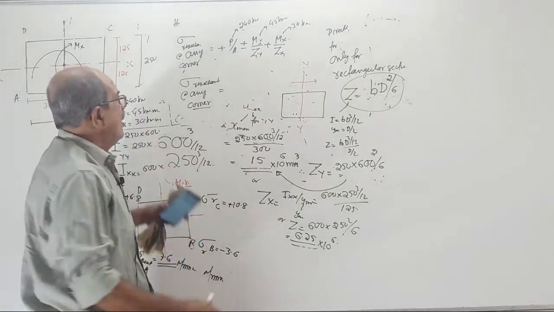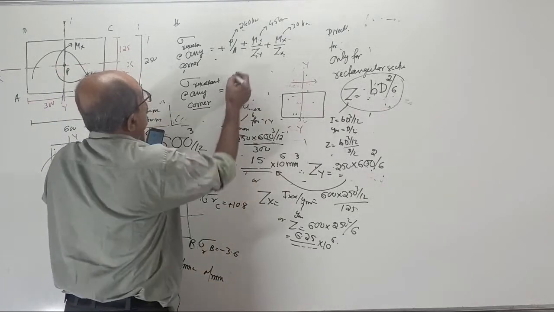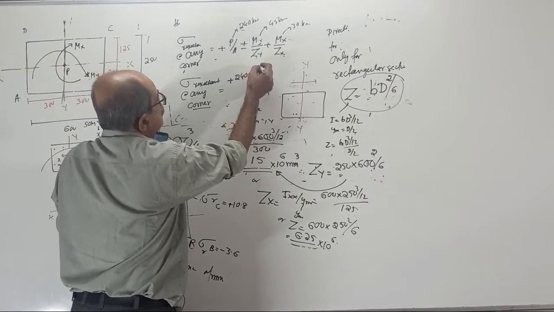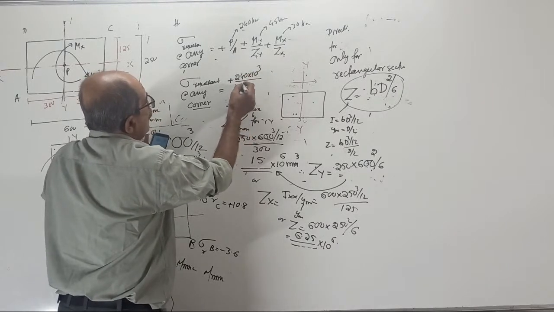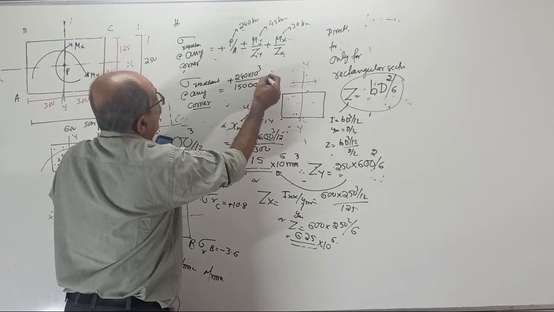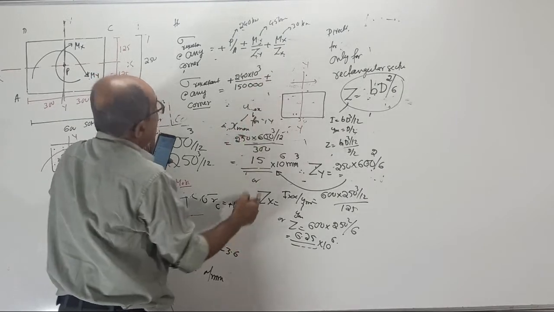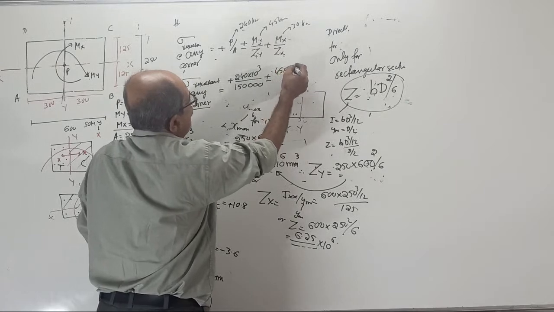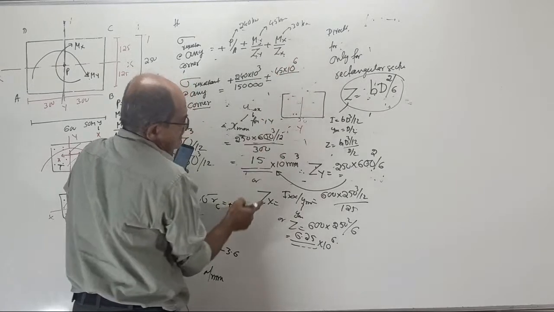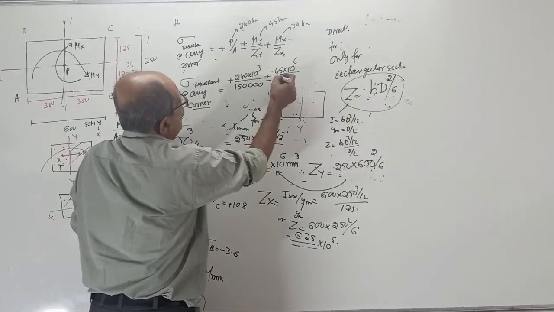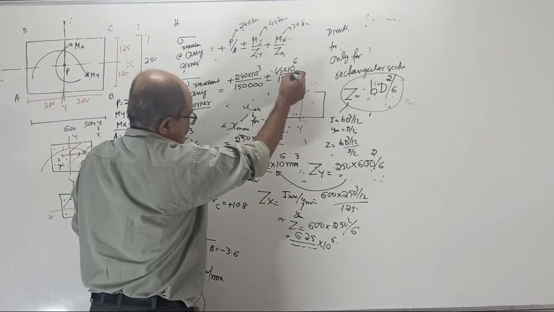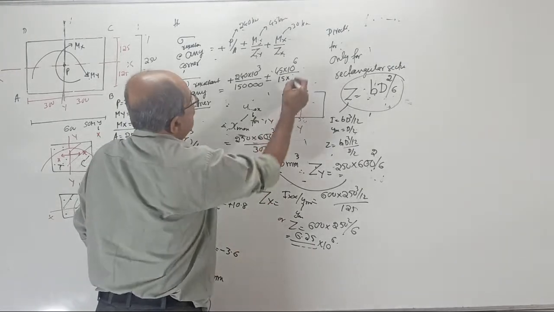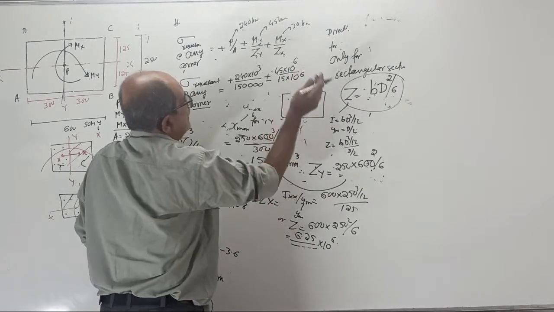Only corner or extreme fiber equal to plus 240 10 to the power 3 Newton, area is 150,000, plus or minus moment about Y is 45 10 to the power 6 divided by Z about Y, which is 15 10 to the power 6.